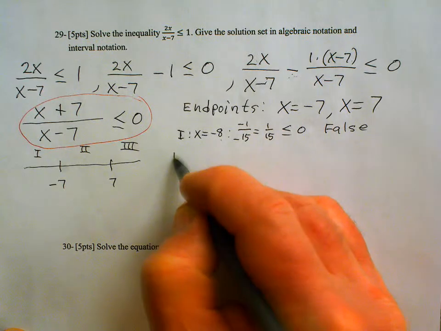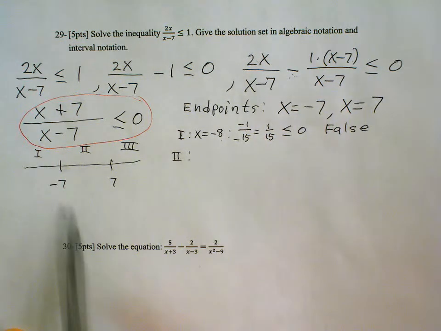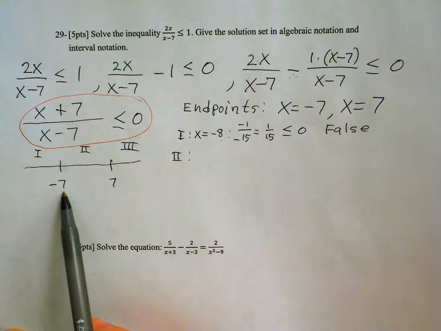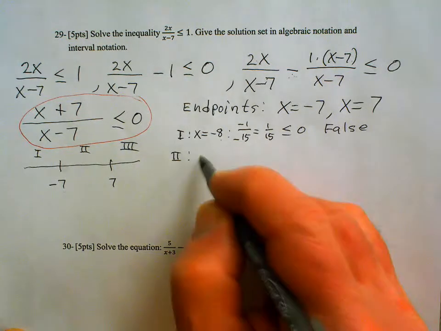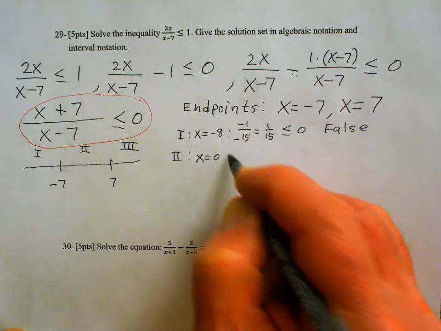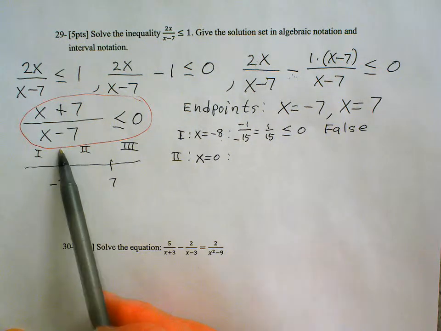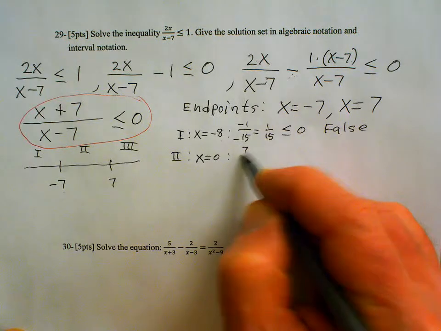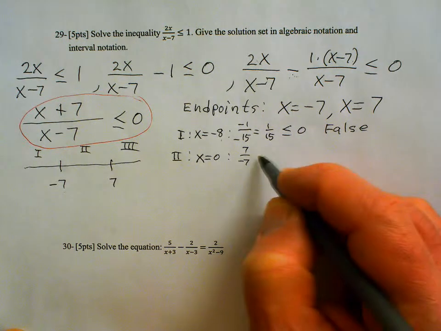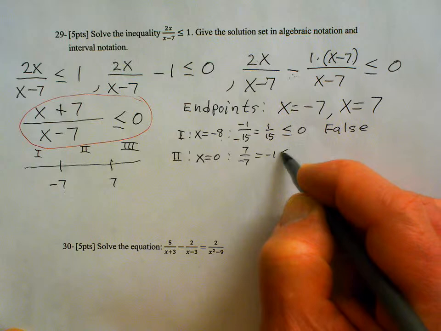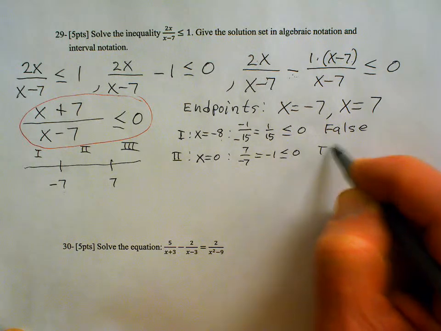In the second interval, pick any number you want between negative 7 and 7. So I'll pick 0. Replace every x with 0. This time we get 7 divided by negative 7, which is negative 1. But negative 1 less than or equal to 0 is true.